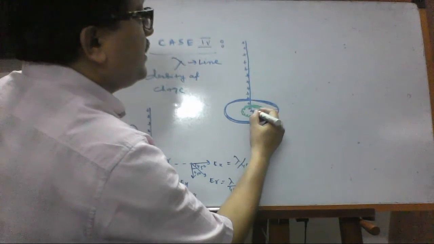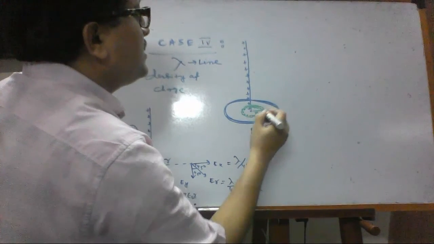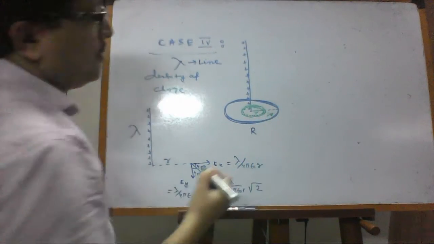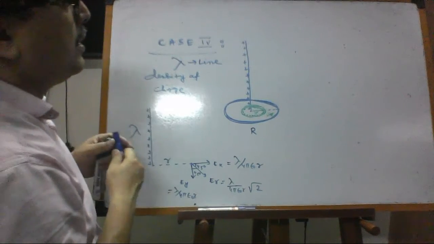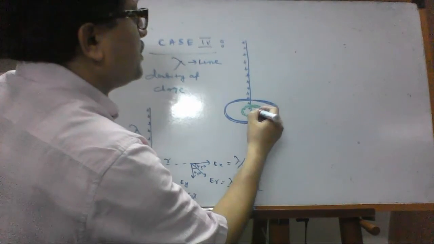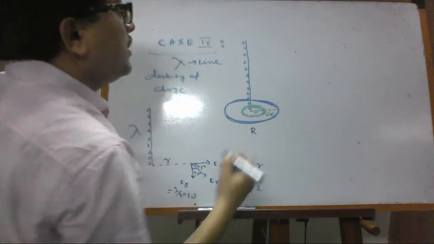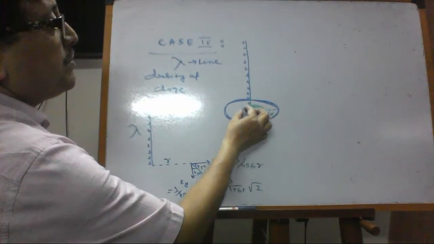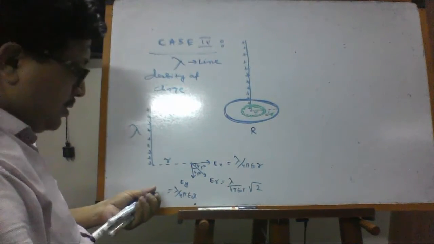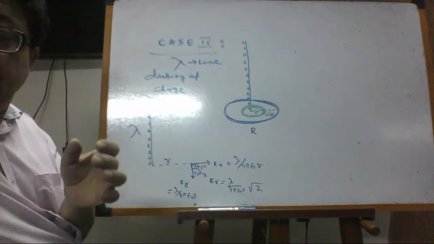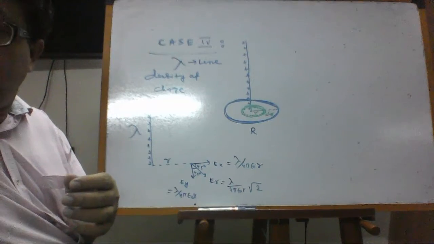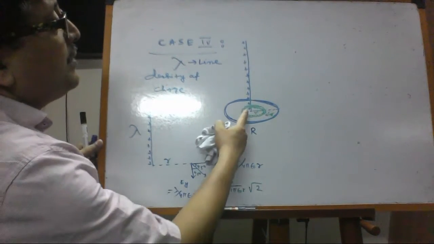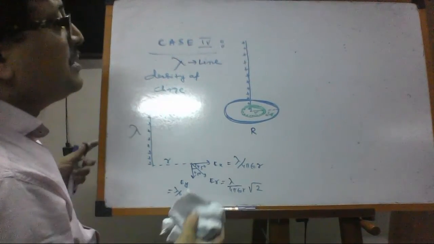This is the circle area, this has radius r and thickness dr. This one r, this one dr. This dr is the thickness of this circular part. So through this small circular area we will find the electric flux, and then by integration for the whole thing. Let me see how to find.